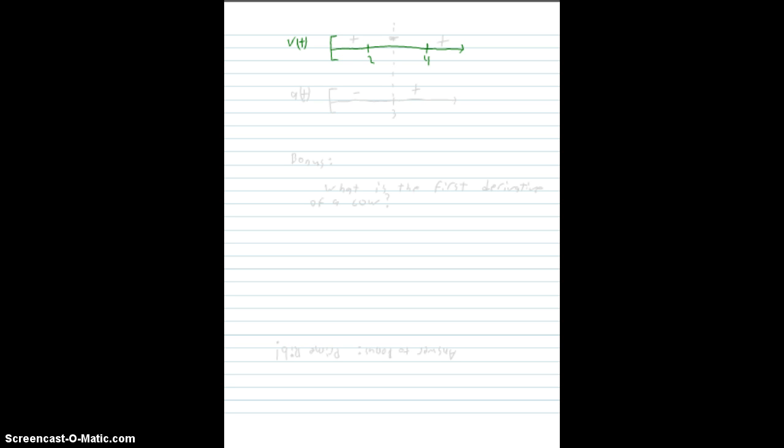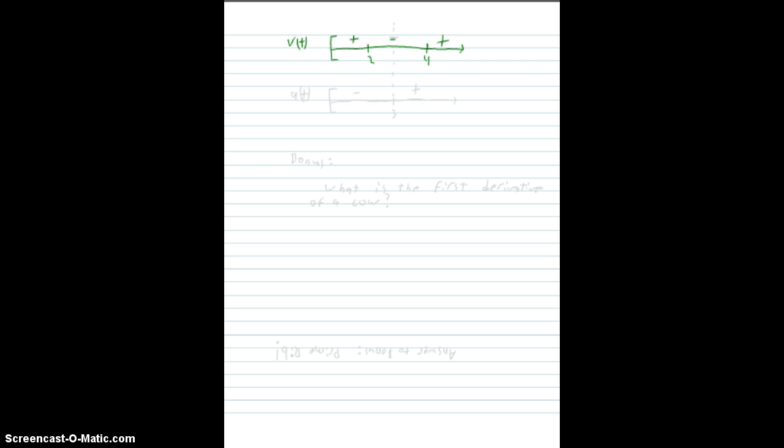You've got to look at each interval. If you plugged in a point from 0 to 2 in the velocity function, it would be positive. From 2 to 4, it would be negative. And greater than 4, it's going to be positive.